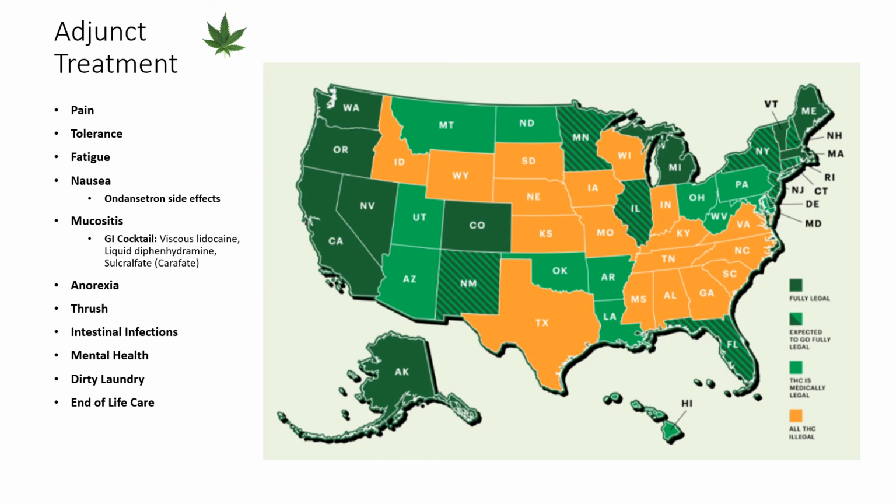Thrush. So thrush is candidiasis in the mouth, right? So why does that happen? Well, your immune system is being hit by the chemotherapy agents, so that you can get overgrowth of Candida albicans in your mouth and develop those white plaques of thrush, which needs to be treated with an antifungal, which is typically liquid mycostatin that you put in your mouth to treat the thrush.